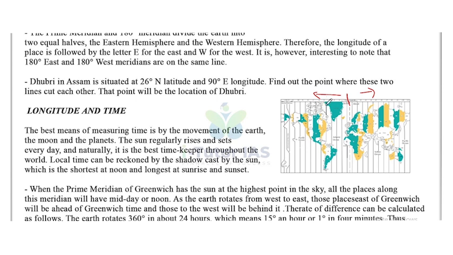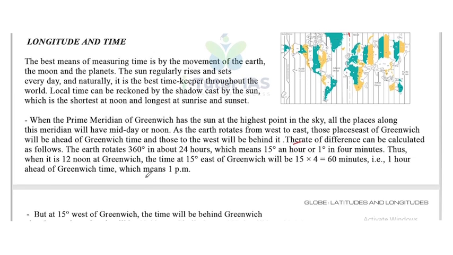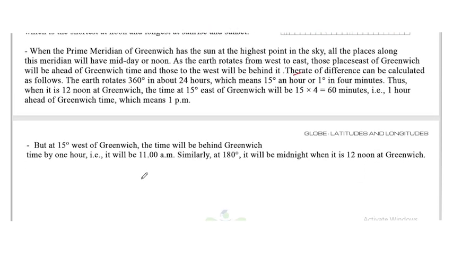Now look at this. The time difference can be calculated as follows. The Earth rotates 360 degree in about 24 hours, which means 15 degree an hour.